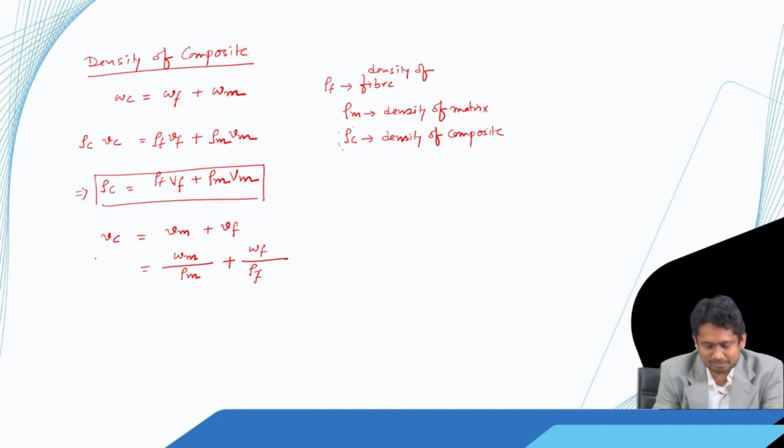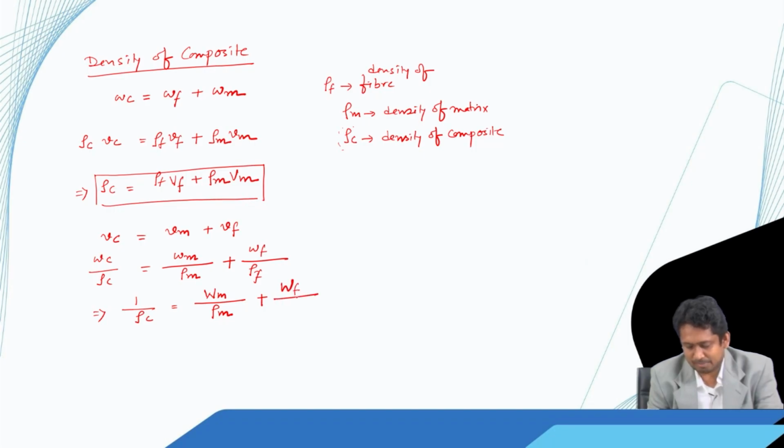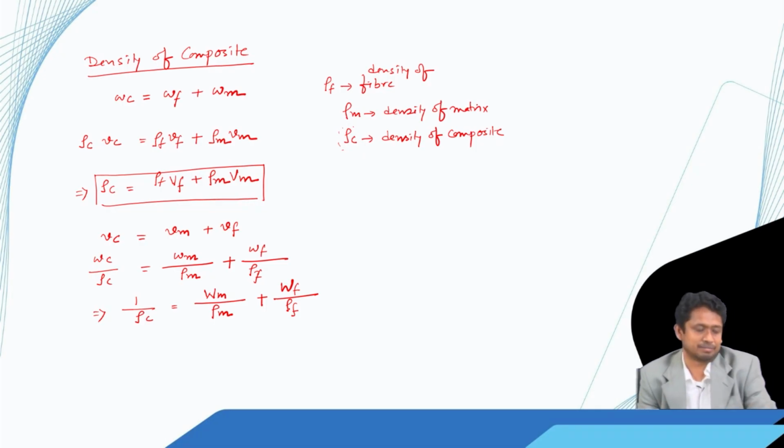In the left hand side, V c also we can write as weight of the composite divided by the density of the composite. Then we can take this W c here in the denominator, and that gives us weight fraction of matrix divided by density of matrix plus weight fraction of fiber divided by density of fiber.